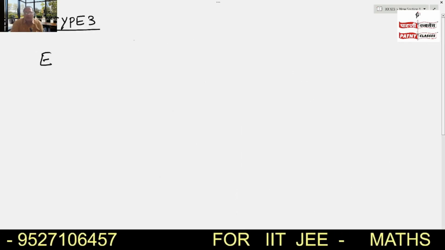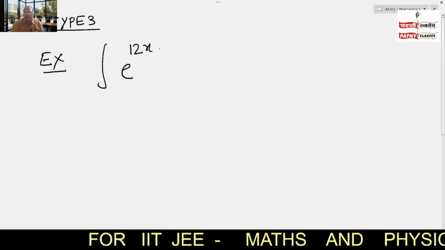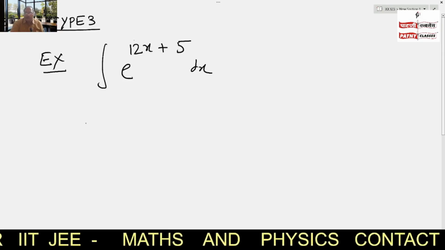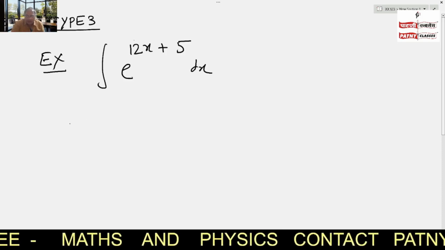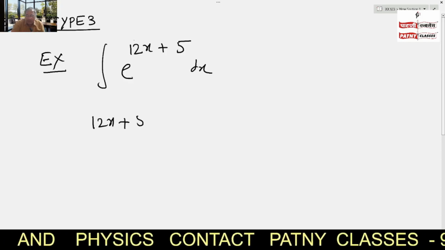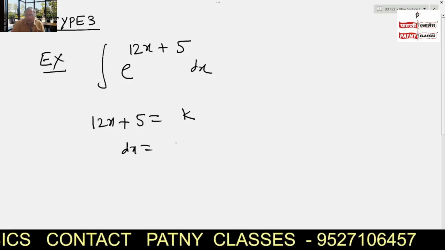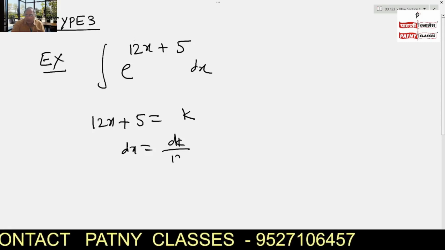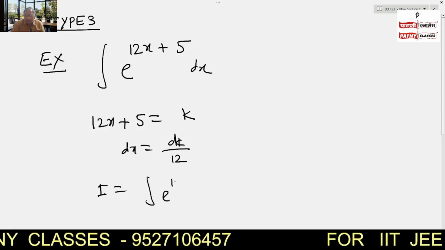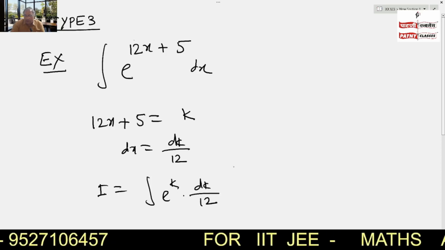Now next example, integration of e raised to 12x plus 5 with respect to x. Steps are 100% same as previous problem. Let 12x plus 5 equals to k, then we get dx equals to dk upon 12. I becomes integration of e raised to k dk upon 12.